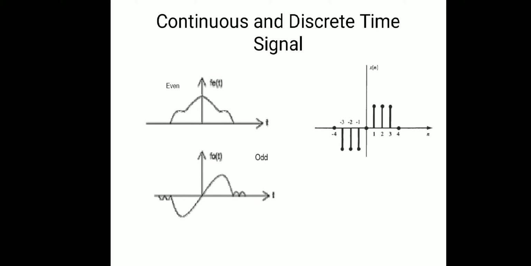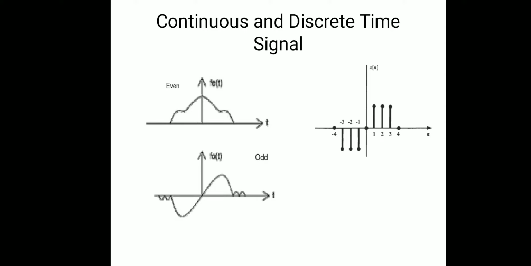You can define this signal at any instant of time. That means at this point you can define, at this point also, at -1, -2, -3, at all the time instants you can define. That is a continuous time signal.